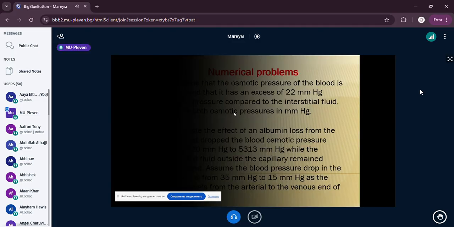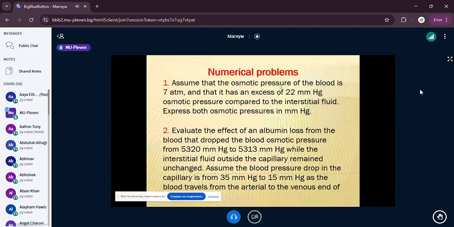Assume that the osmotic pressure of the blood is 7 atmospheres and that it has an excess of 22 millimeters of mercury osmotic pressure compared to the interstitial fluid. And what is asked here: express both osmotic pressures in millimeters of mercury.